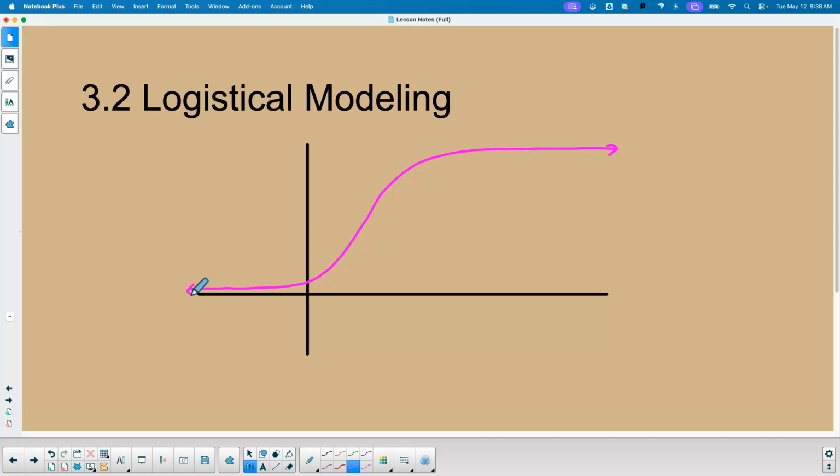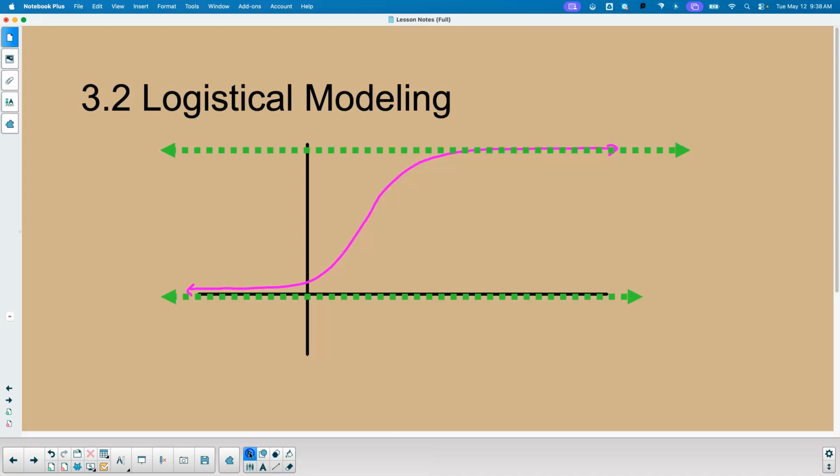Okay? Up in the upper right-hand corner of this page, you've got a grid right down in the middle of the page. A logistical function has not one horizontal asymptote, but two horizontal asymptotes.